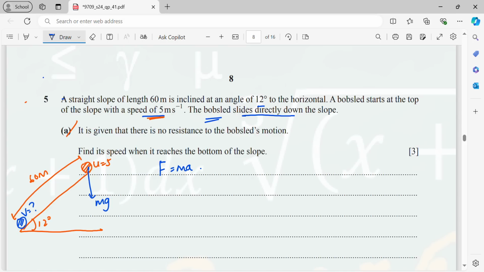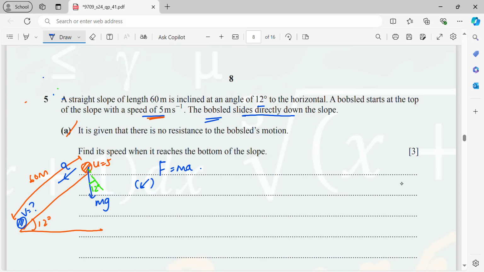Since it is going downwards, this is the A, so I have to resolve the mg so that it is parallel to the A. This angle is 12, so here is 12. Now when you resolve, I would say parallel to the plane.